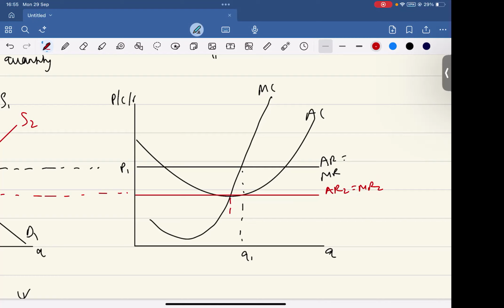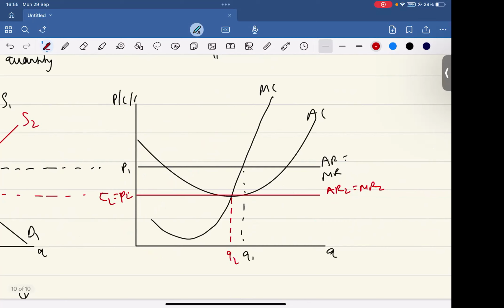So if we go down, we get our Q2, and then we also get our P2 and our C2. Basically, that's the new quantity, and the red line shows us the price and the cost for every ice cream van in that market. So every ice cream van is not making any supernormal profit. So that's the first thing.